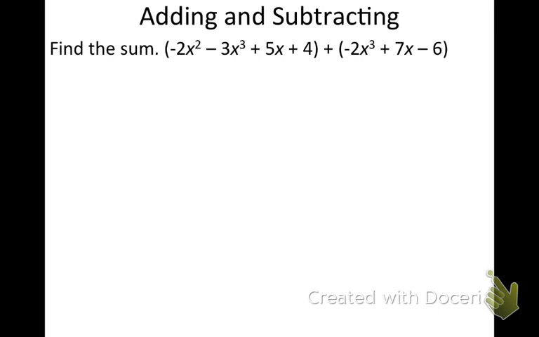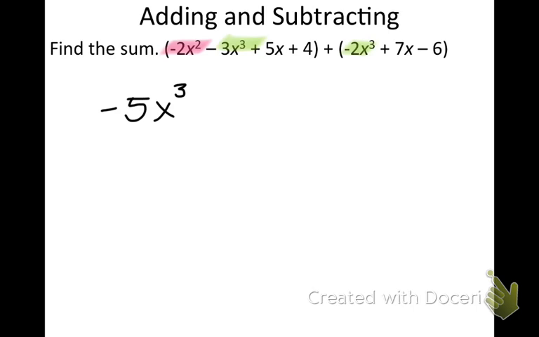So let's start with the highest degree. So x cubed. A negative 3x to the third plus a negative 2x to the third gets us to negative 5x to the third. Now let's focus on the squareds, the quadratic terms.